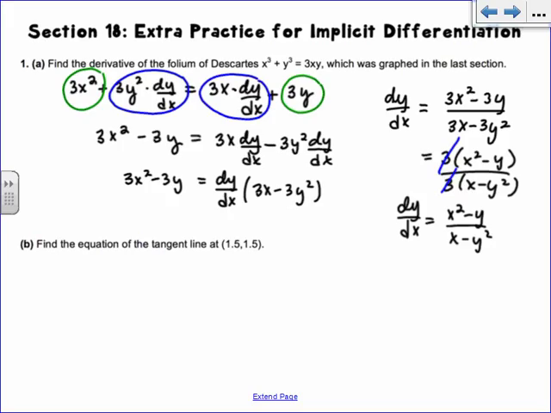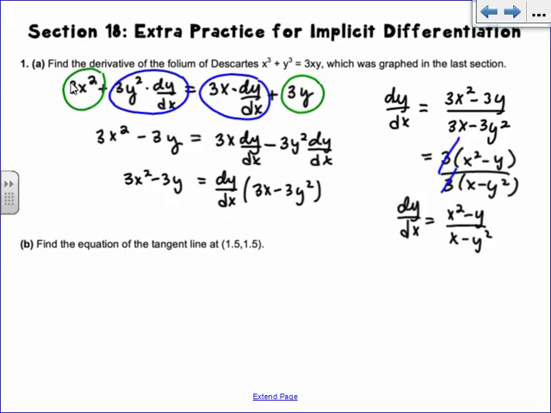If you had y minus x squared on top and y squared minus x on the bottom, it's totally fine. It's basically like multiplying by a -1 over a -1. It's not changing your fraction at all. It really just depends on which side you took the dy over dx terms to, which version of those answers you have. But they're exactly the same.